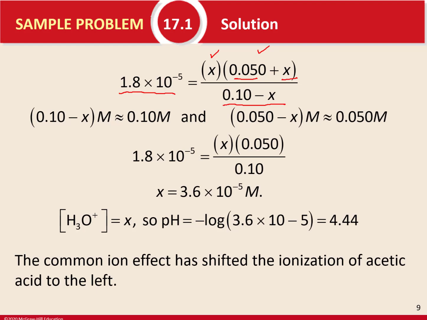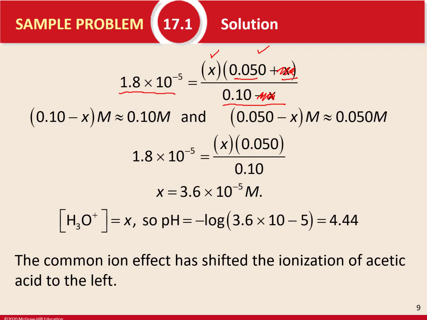So we're going to assume this X is negligible, because look at the difference here, it's about 1 times 10 to the 4th difference. That's going to simplify the problem so we don't have to deal with a quadratic.